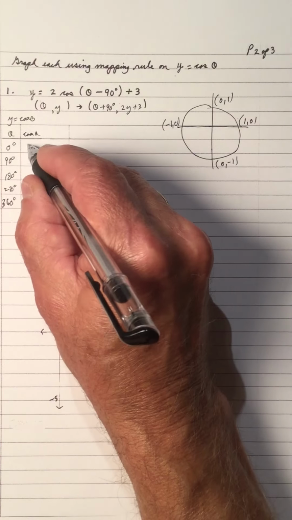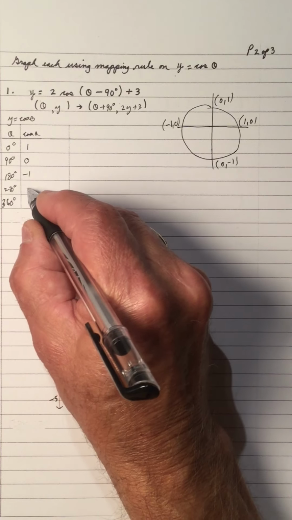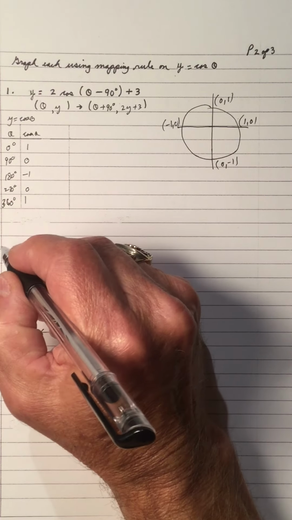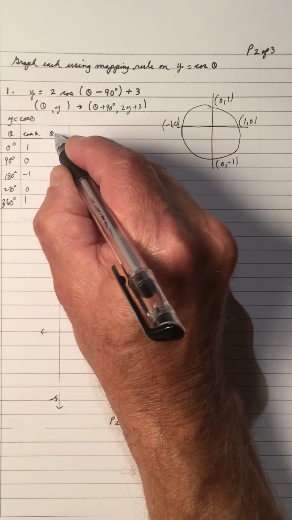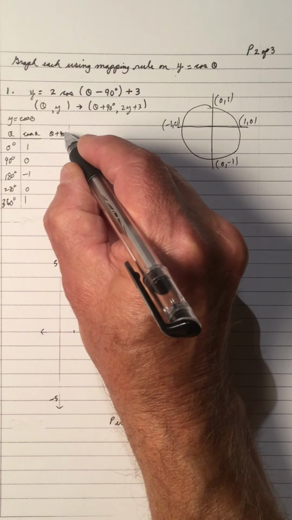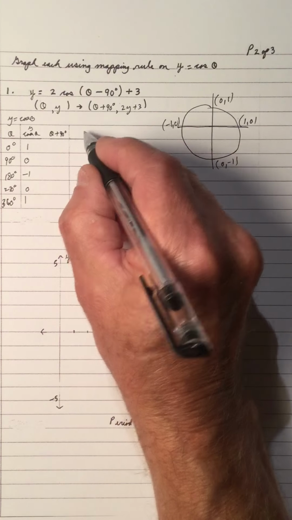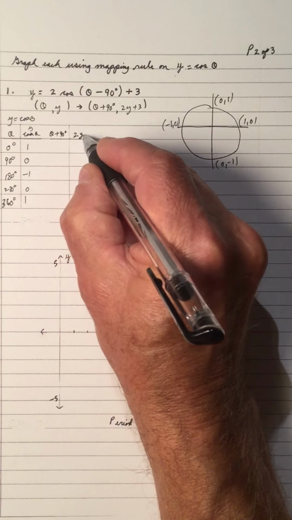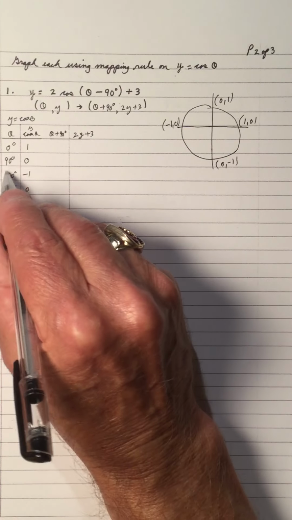So we use the mapping rule: theta is mapped to theta plus 90, and y is mapped to 2y plus 3.